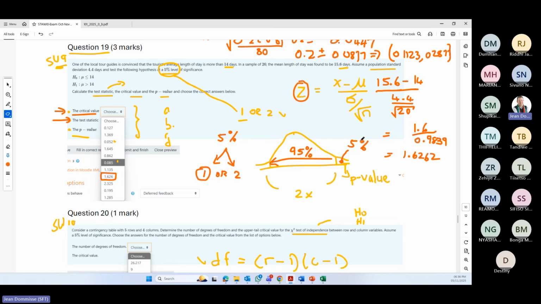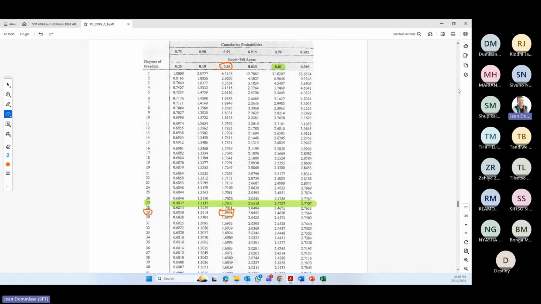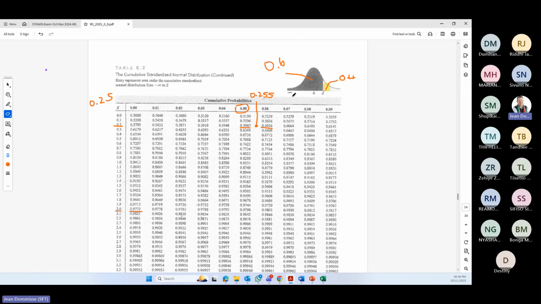So let's actually first go and check this out on the Z table. So remember that whole area is 95 because it's a one tail. So let's quickly go and look at this on the Z table. So Z, this now needs to be 0.95. So let's see, 0.999595. Okay, so in between 1.64, 1.65.